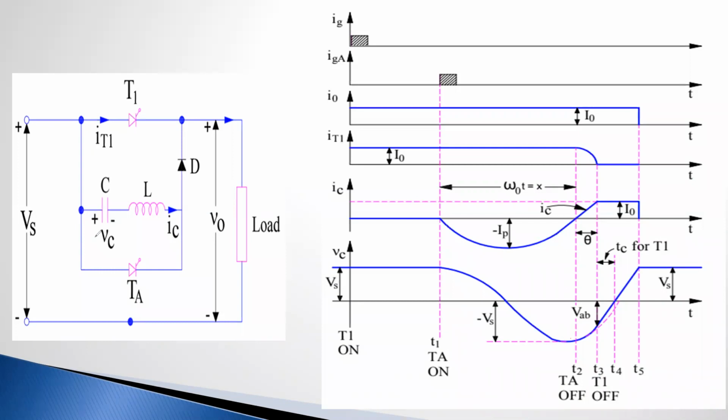Initially the positive voltage is present, and then it discharges through this thyristor, and the total voltage decreases and goes negative. Negative voltage is present across the capacitor, maximum voltage minus Vs, at time t equal to t2, and then the capacitor is fully discharged.